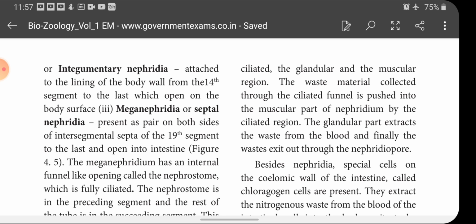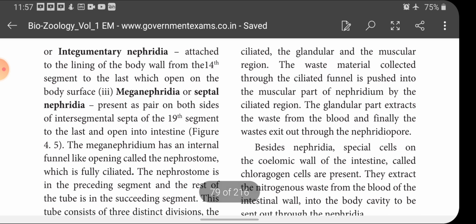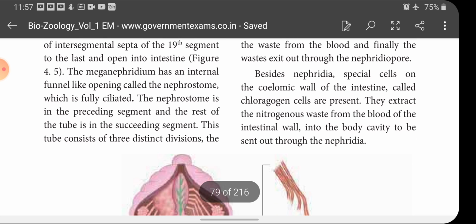First, the waste material collected through the ciliated funnel is pushed into the muscular part by the ciliated region. Next, in the glandular part, the waste material is extracted from the blood, and finally, the waste exits through the nephridiopores.